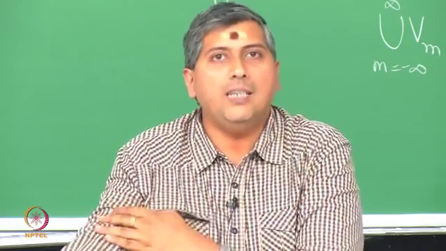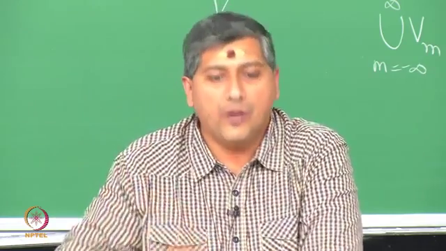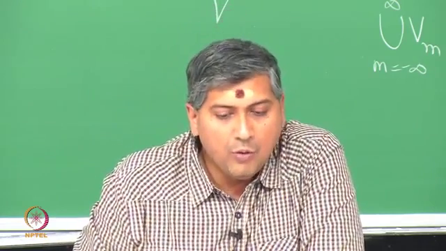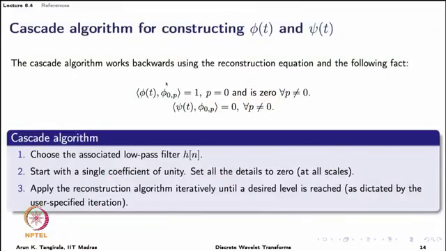Now, when I set the signal as the scaling function itself, then I know by the orthonormality property that the inner product between the scaling function and the translated scaling function is 1. Here I am looking at scale 1, that is m equals 0, as you can see from the subscript here, and p here refers to the translate.